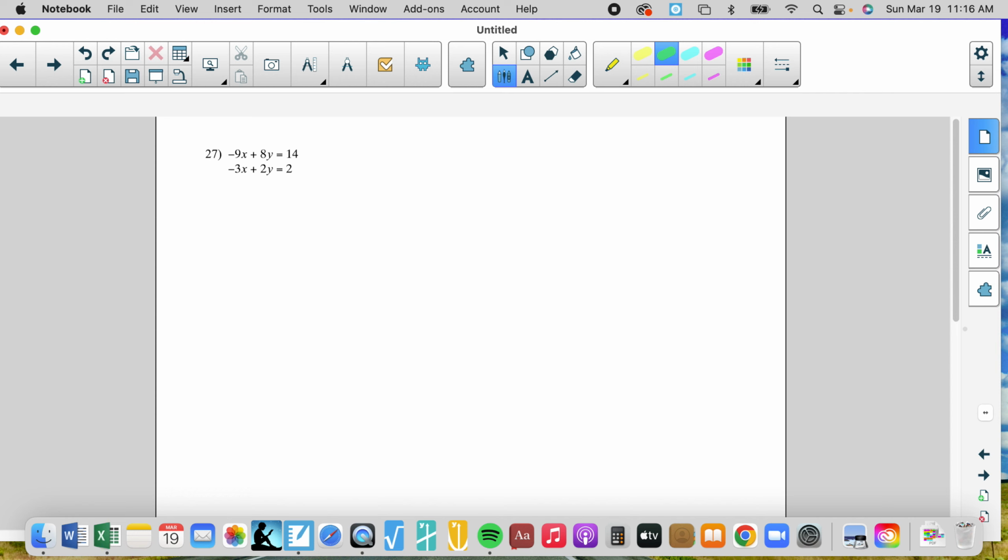So I'm going to manipulate the bottom equation, and I'm going to do the y's. What's going to get rid of a positive 8y is a negative 8y. What do I have to multiply 2y by to make it negative 8? A negative 4. That's the process that I'm going through.